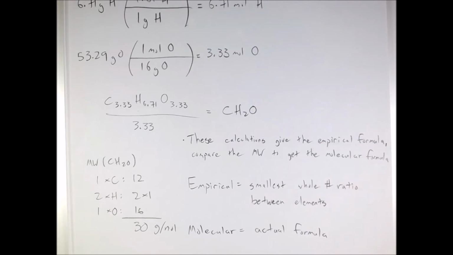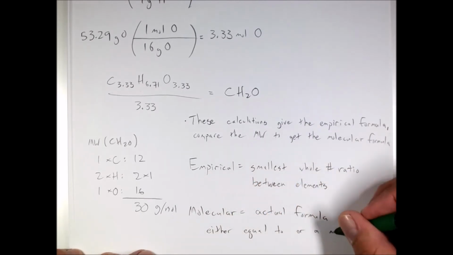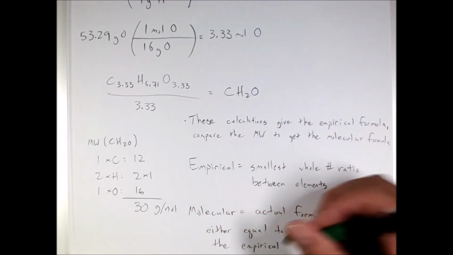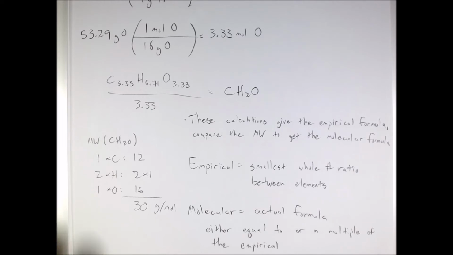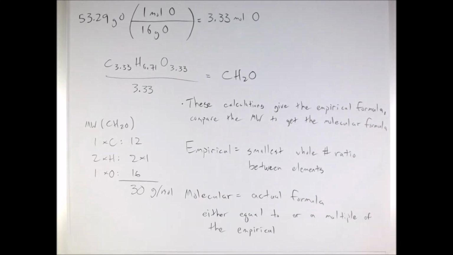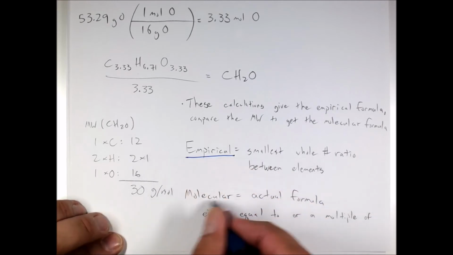It will either be equal to the empirical or a multiple of the empirical. It always works out when we do these types of calculations, we will always get these smallest whole number ratios, which means we are always getting the empirical formula.